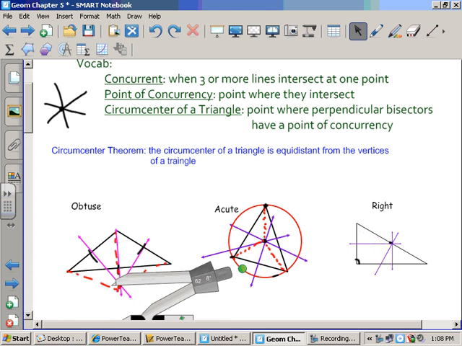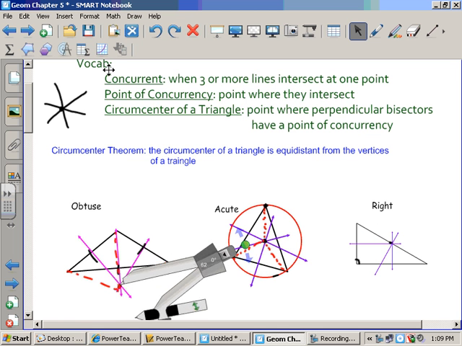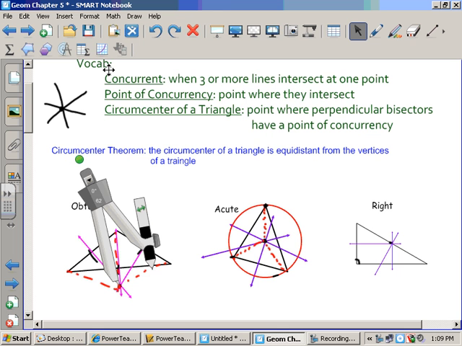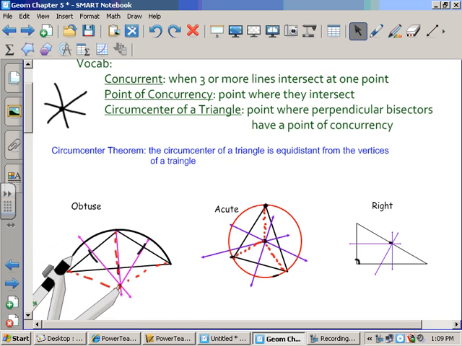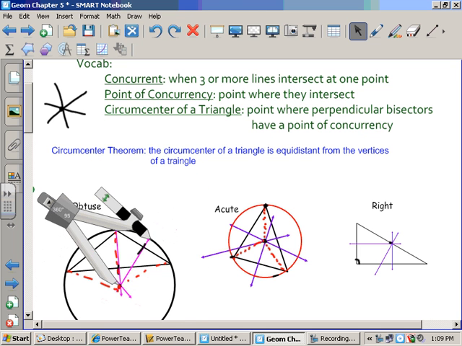Same thing over here. If I put my compass right at the circumcenter, and I open this up to be right there, and then I draw my circle, it's going to hit the three corners of that triangle perfectly. Okay? Again, that's the center of that circle, the circumcenter. Same thing with the right triangle.